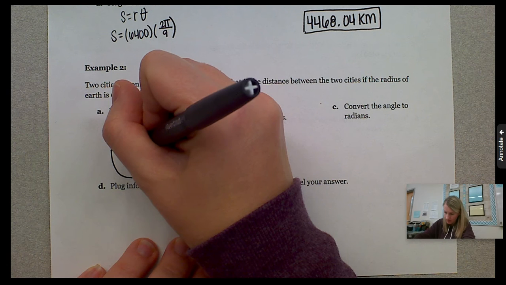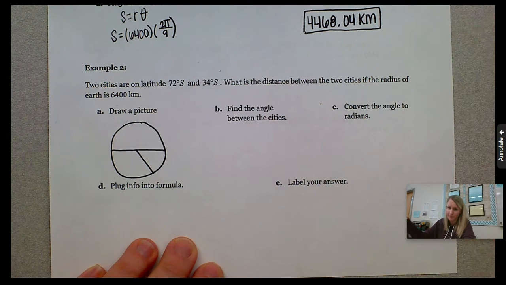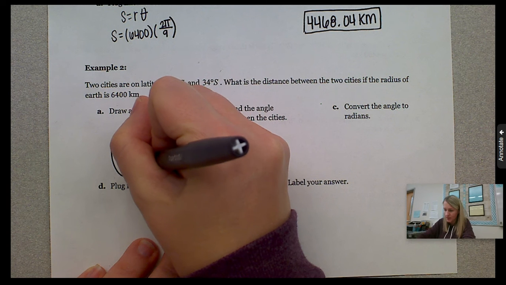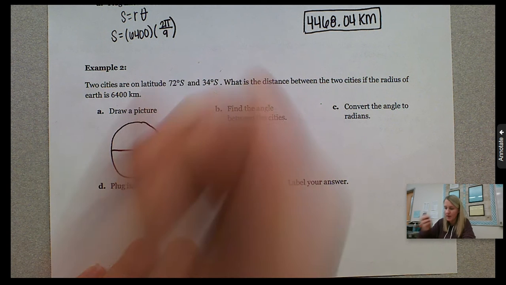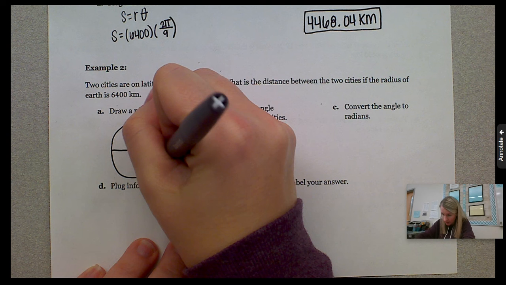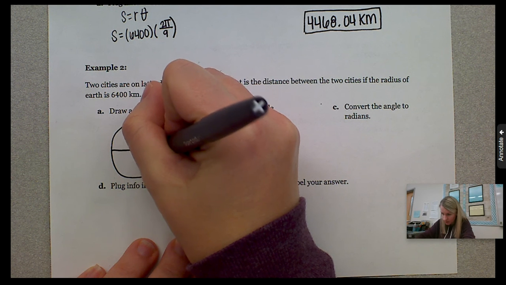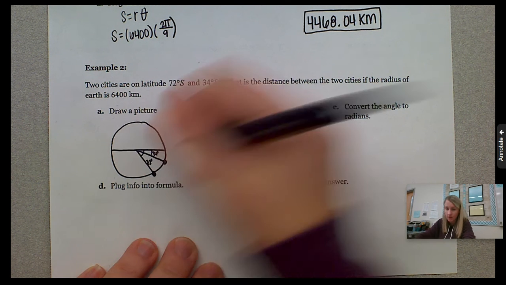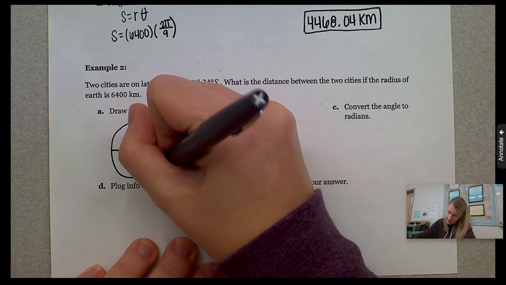These aren't nice in any way, shape, or form, but we'll say that's 72 degrees. Once again, south you go down, north you go up. The other one's 34 degrees south, so that's also south. So from here, we'll go down there. We'll say that's 34 degrees. So if I have one city here and one city here, I'm trying to find that distance.